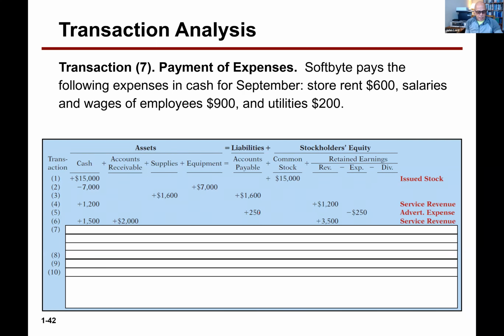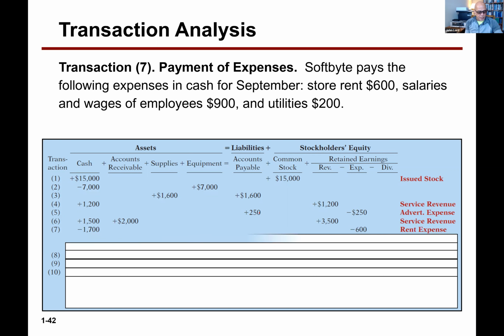They tell me that I pay some expenses and I pay them in cash. If I pay something in cash, is my cash going to go down? Yes. Caught you napping. So my cash is going to go down by the total amount here.